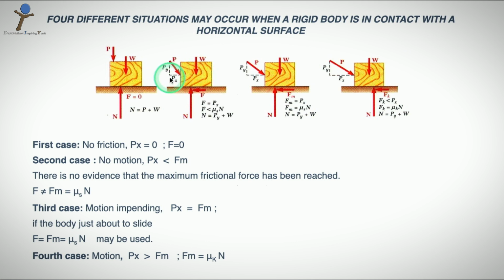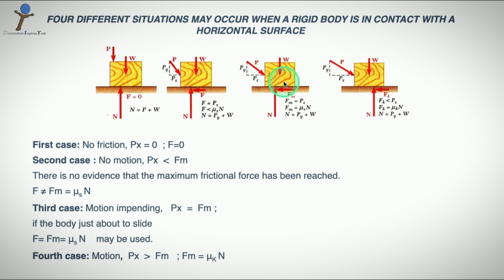Now, this Px has an opposite reaction force from the frictional effect, that is F. So, if Px is less than Fm, then there is no motion in the body. There is no evidence that the maximum frictional force has been reached. F is not equal to Fm, which is equal to mu s into n.